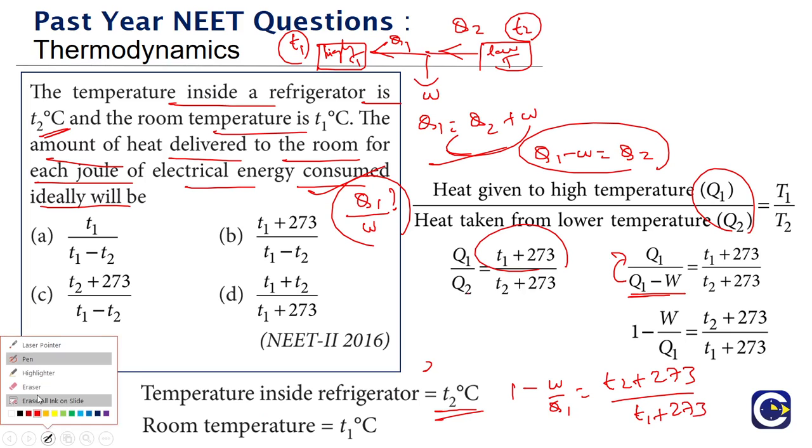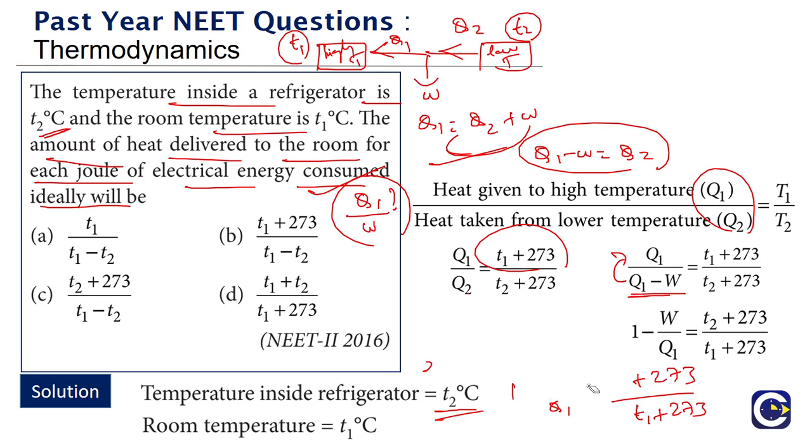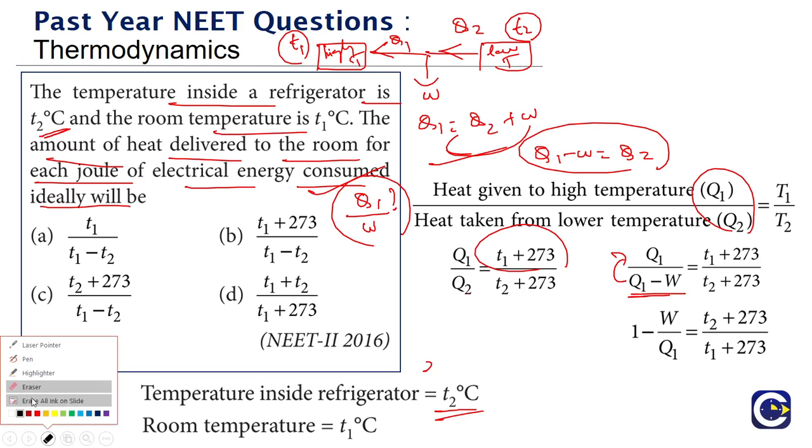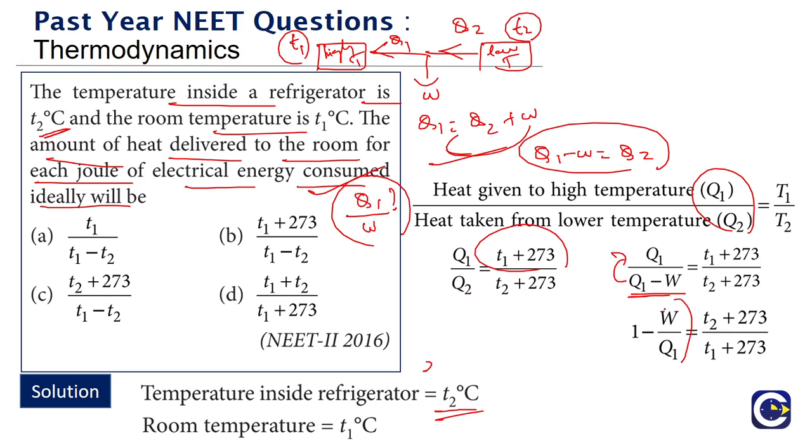Now we are looking for Q1 by W, right? So first we will try to get W by Q1. We have to rearrange, so we take this to the right side and bring it to the left side. What we'll have: 1 minus t2 plus 273 by t1 plus 273 is equal to W by Q1.